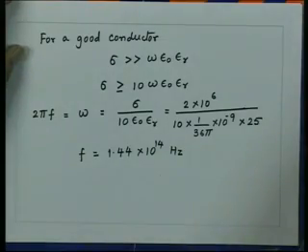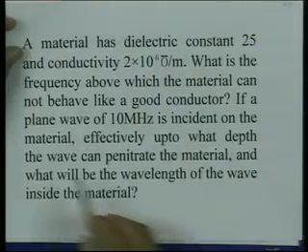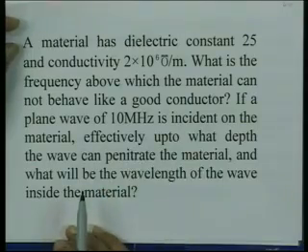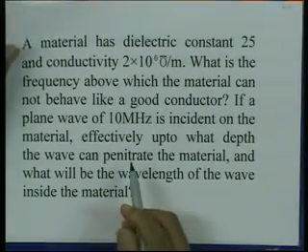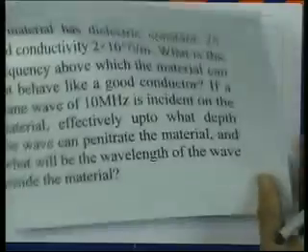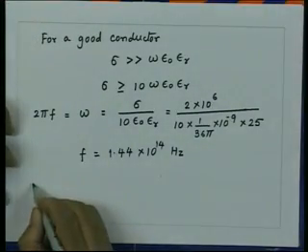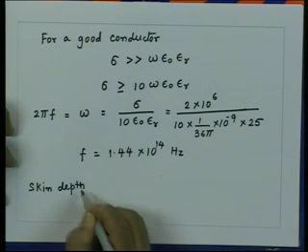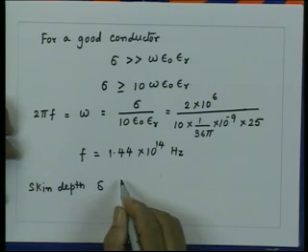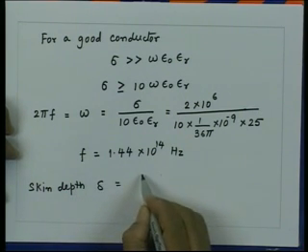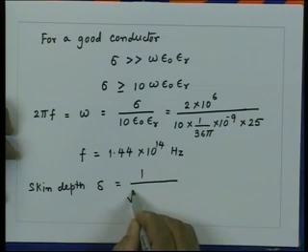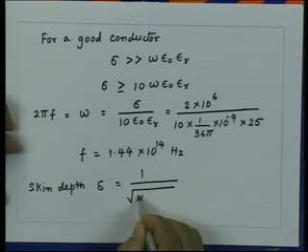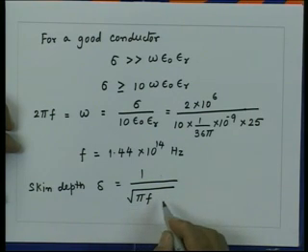Now, the second thing which you have to find out in this problem is the effective depth up to which the wave will propagate, and that we know is essentially given by what is called the skin depth. So, we get the skin depth, this delta, that is equal to 1 upon square root of pi f mu 0 into sigma.